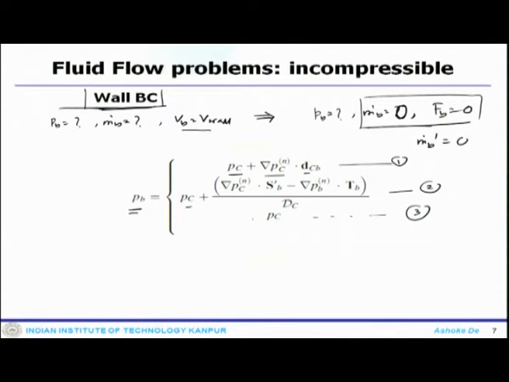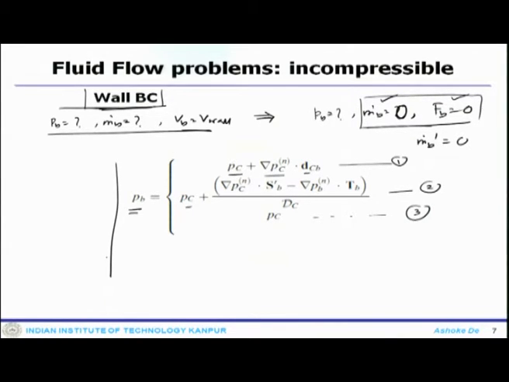So, these are three ways one can calculate the pressure at the boundary where you need to provide the wall boundary conditions. You do not know the pressure, the only known condition is the velocity because of the no slip condition, and that gives you mass flux 0, source term 0, and from there you can calculate the pressure.